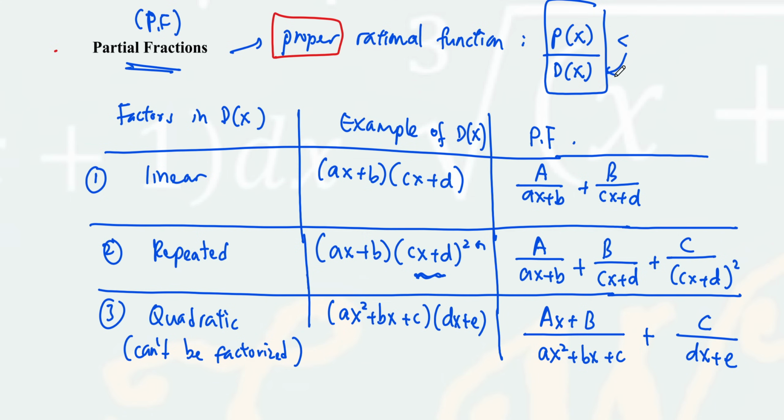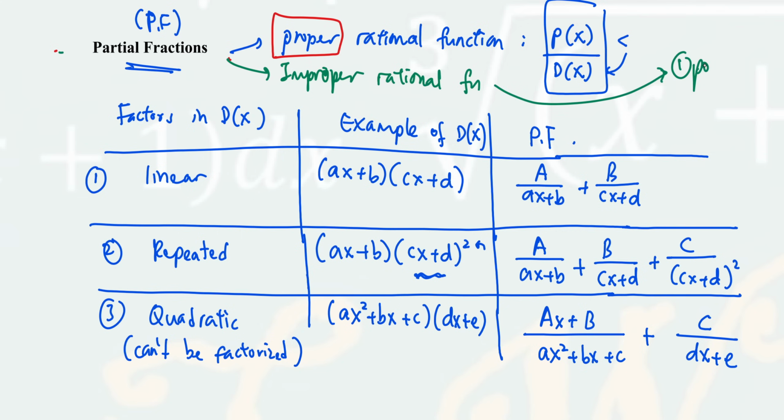If you are given an improper rational function, let's say here I give you the improper case, your first step is polynomial division.